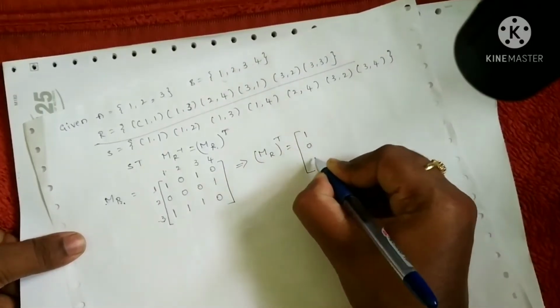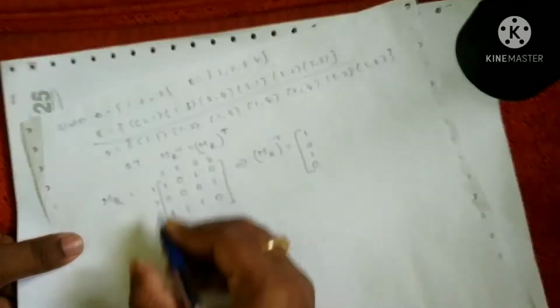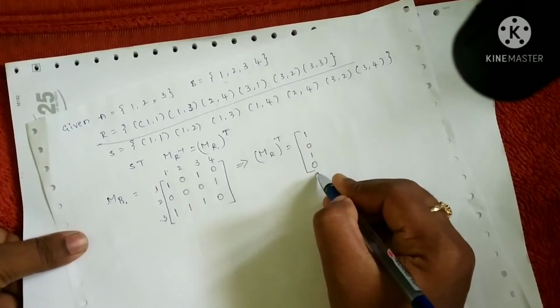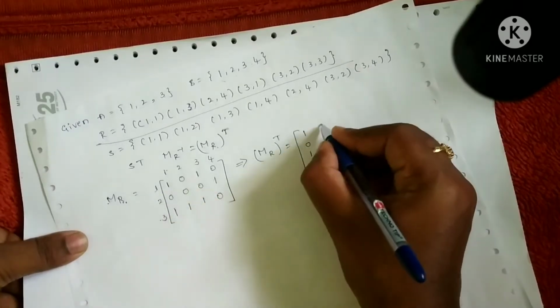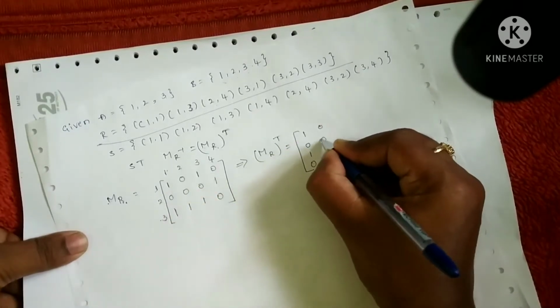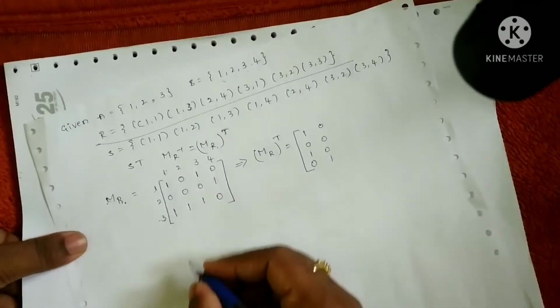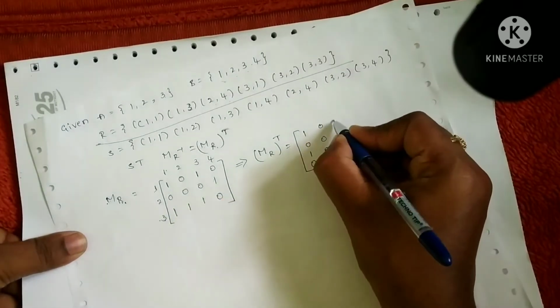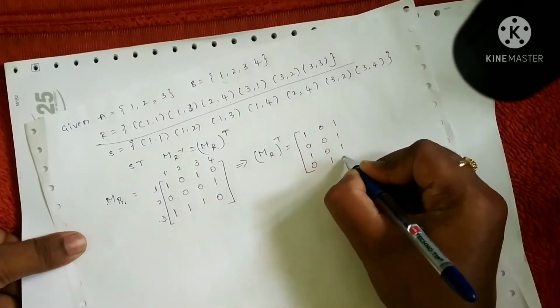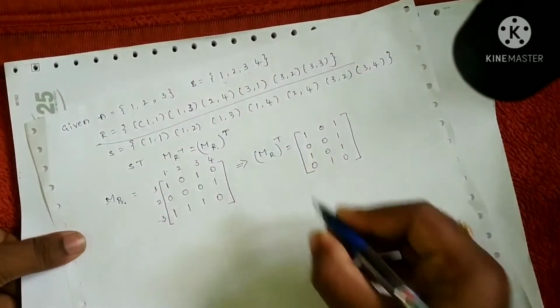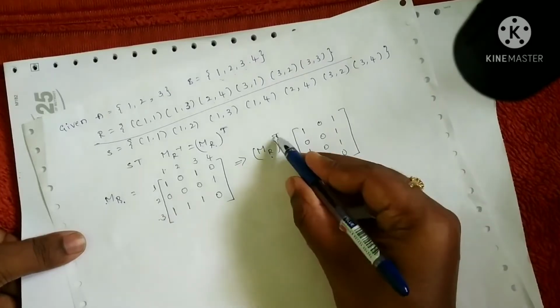So 1, 0, 1, 0. I have written the first row as the first column. Next, the second row in the second column. Again, the third row in the third column. Fine. This is the matrix of relation R transpose.